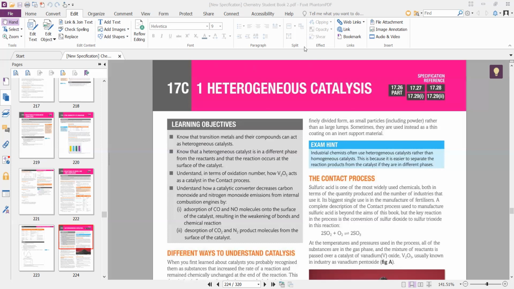Catalyst is a factor that accelerates the rate of reaction without being used up in the reaction.